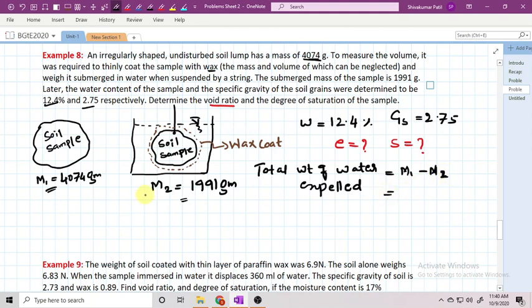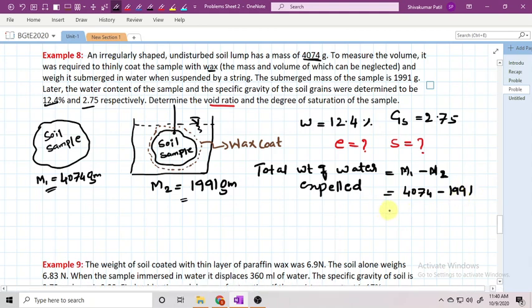M1 is 4074, so 4074 minus 1991 gives a difference of 2083 grams. So this much weight of water will be expelled out.